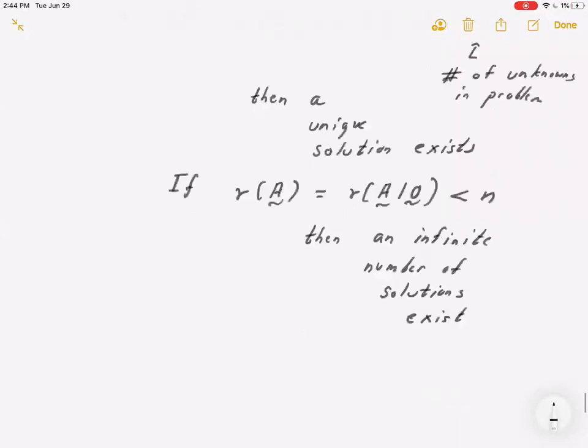And finally, if in fact the rank of A is less than the rank of the augmented matrix, then no solution exists.